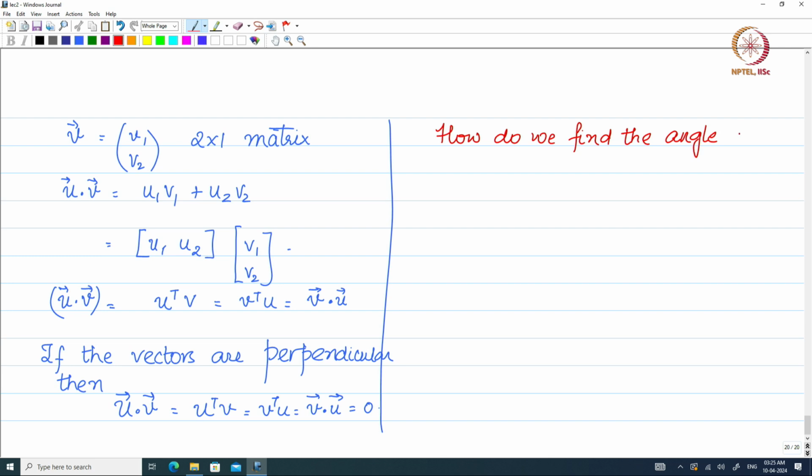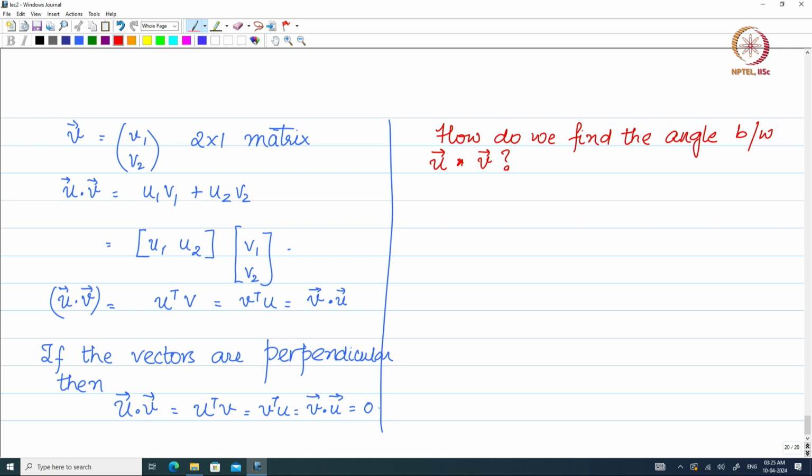So, how do we find the angle between u and v? Is there a way to find out? If that is the case, what is going to be the mathematical expression for finding the angle between the two vectors?